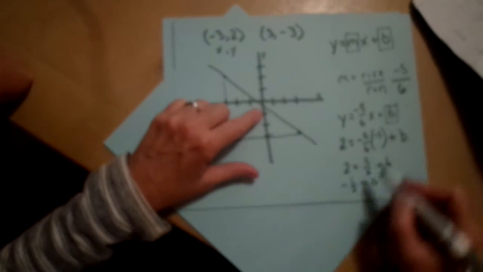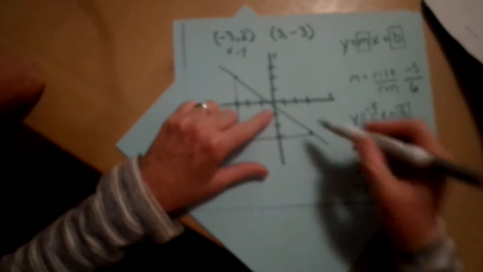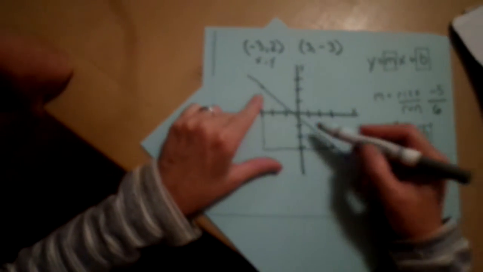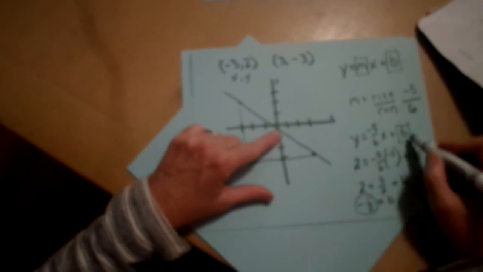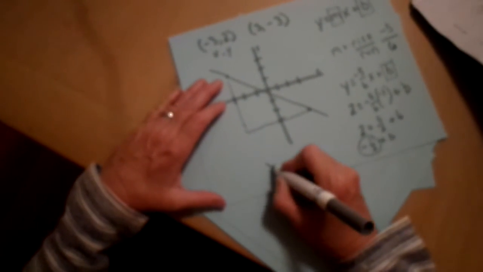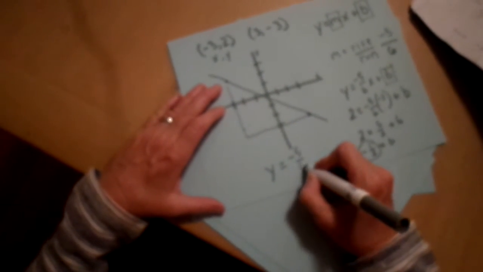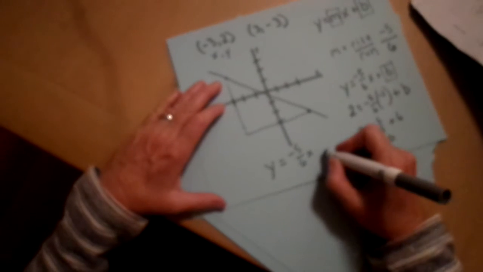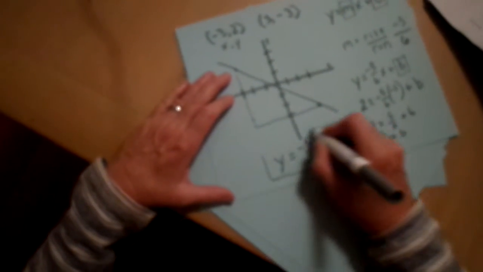I didn't draw it correctly, but that shows that our y-intercept, the point at which this line crosses the y-axis, is at -1/2. So we just put that back in the equation for b, and the equation for this line is y equals -5/6 x minus 1/2. So that is the equation of the line that passes between these 2 points.